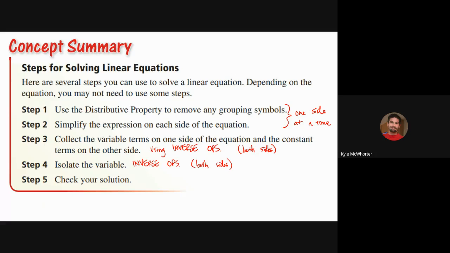Because if you use the distributive property on the left side, you haven't changed the value, so you don't have to do anything to the right side. If you just combine like terms on the left side, you're not changing the value of the left side, so you don't have to do anything to the right side. But if you use an inverse operation on the left side, say subtract 4x from both sides, you have to do that to both sides to keep the equation equal.